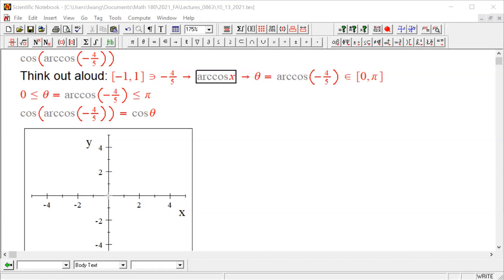So when I draw the terminal side, I will know it is going to be in the second quadrant. From this information, I can tell this is my theta. That's A, that's D to A, DRA.